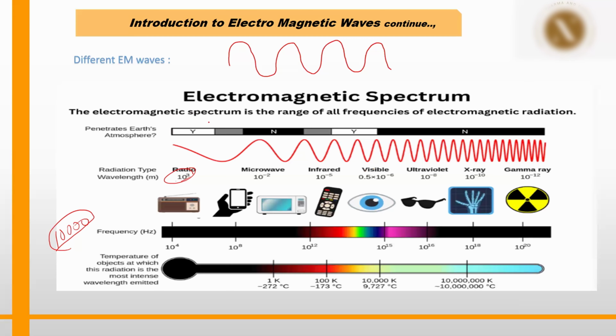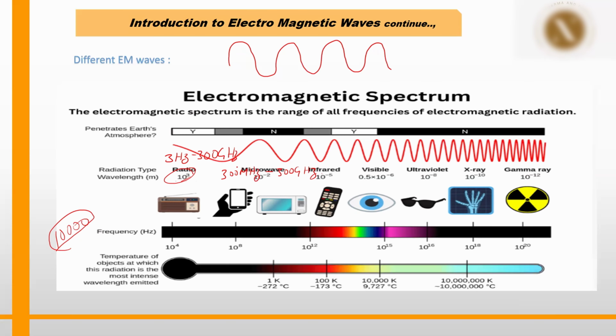These radio waves start from 3 hertz to 300 gigahertz. And microwave starts from 300 megahertz to 300 gigahertz. As you can see, this is overlapping, right?